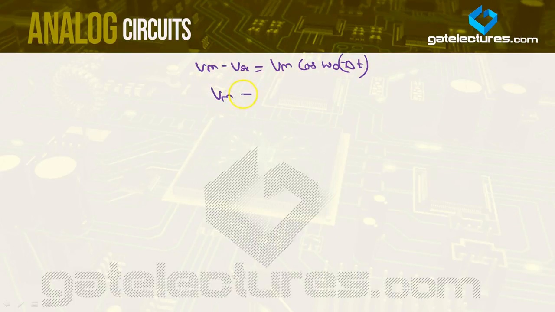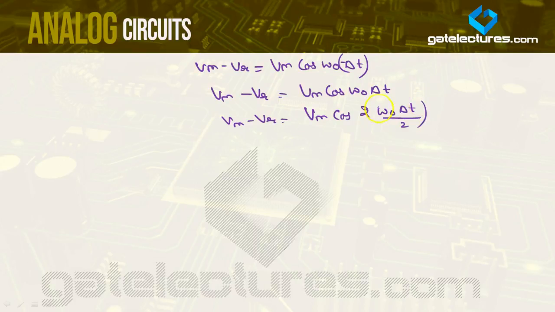So Vm minus Vr is equal to, since cos is an even function, Vm cos omega naught delta t. Now we can write this as cos omega naught delta t by 2.